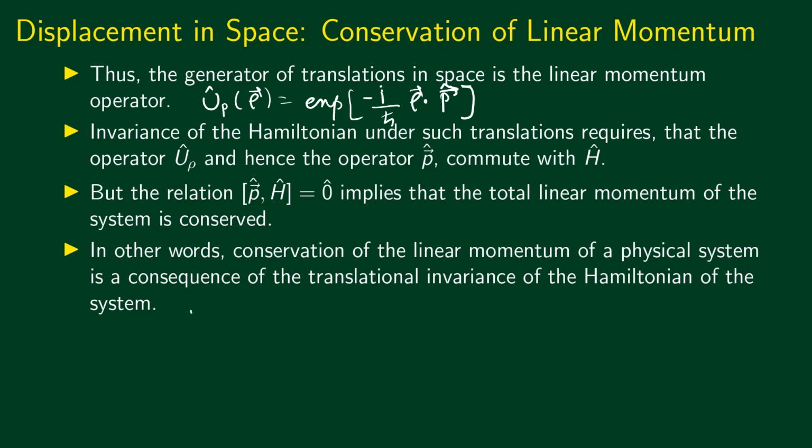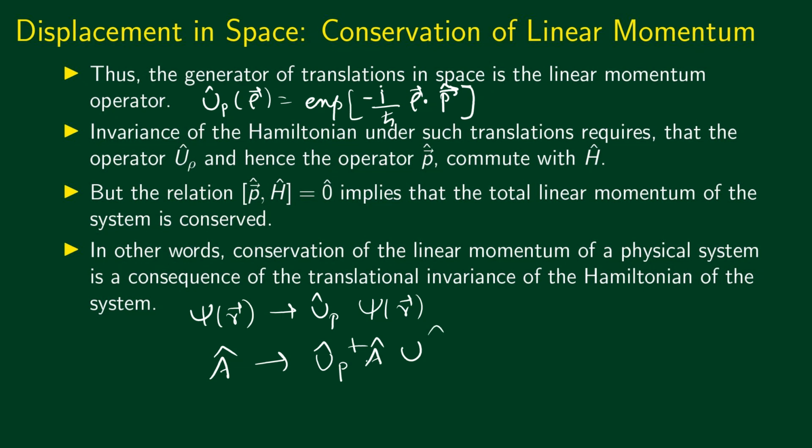And instead of saying that psi of r vector goes to U hat acting on psi of r vector, we can equally well say that psi of r vector does not change and the operators transform in this manner: A goes to U dagger A U. Again, this is just a difference between the Heisenberg perspective and the Schrodinger perspective.